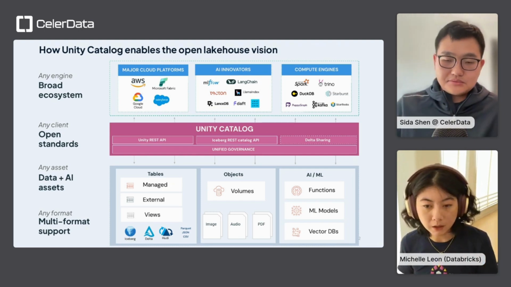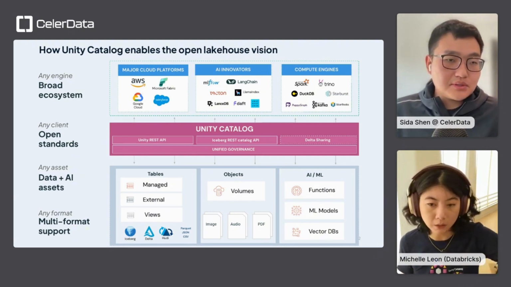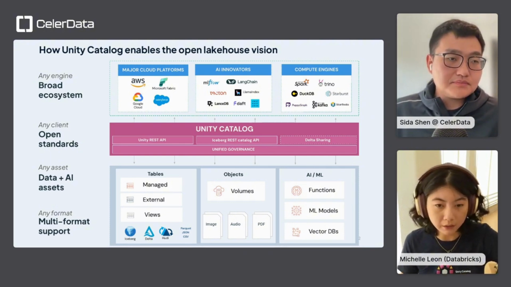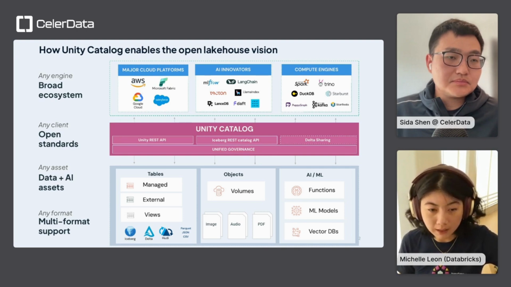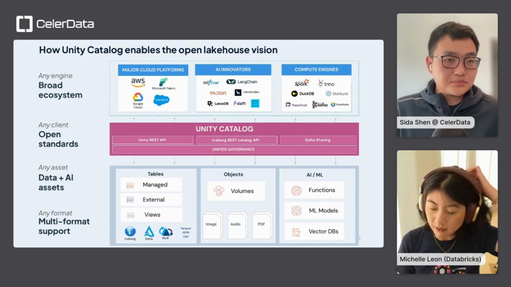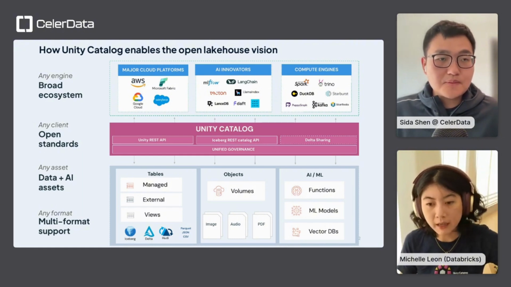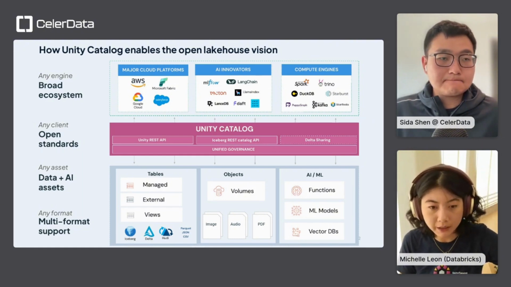In the future, we intend to add Delta Sharing as well to the open source Unity Catalog server. But then also, all of these are providing unified governance across all of your different data and AI assets. So these are what the abstractions and resources are called in Unity Catalog.